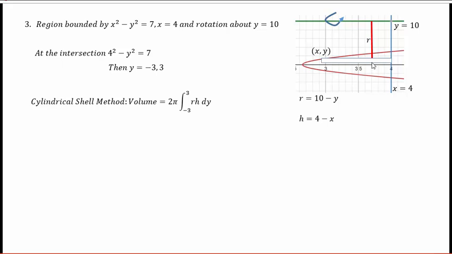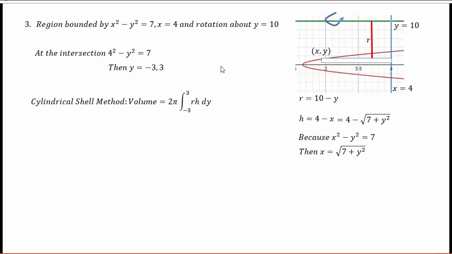You have from the x-axis to this is y, so 10 minus y is your radius. Then the height will be 4 minus the x coordinate of this point. And the x coordinate you can easily see is the square root of 7 plus y squared, because x squared minus y squared equals 7.